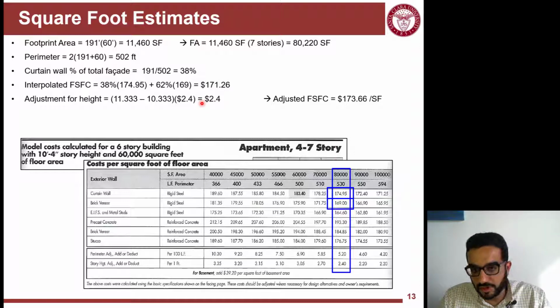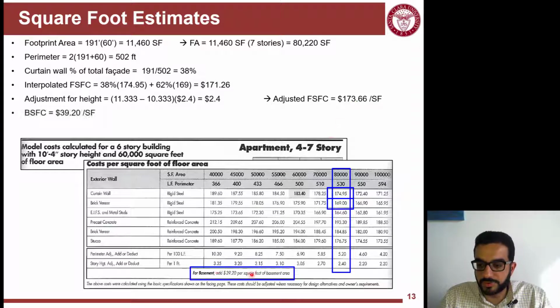Makes sense, because this height will result in bigger columns, more facade, so a lot of cost impacts. You add these two up and you end up with a revised, adjusted square foot cost of $173.66 per square foot.